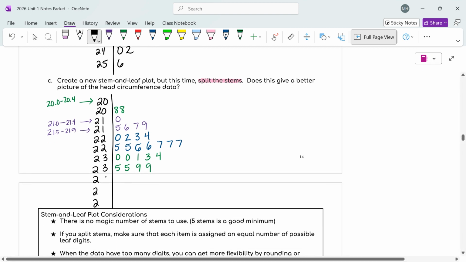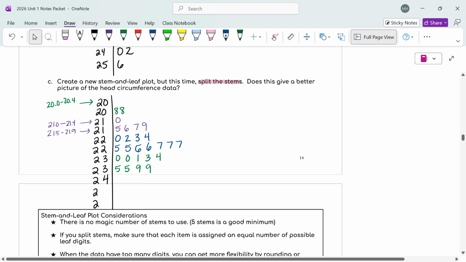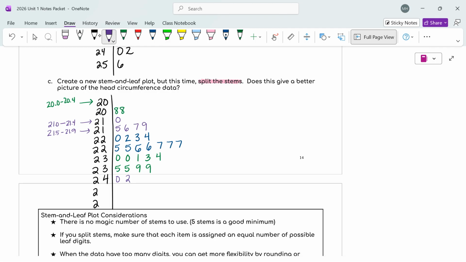For the 24s, there's a 24.0 and a 24.2. And then for the 25s, I need a gap there. There's a 25.6. So let's see if I can squeeze those in here. 25.6.